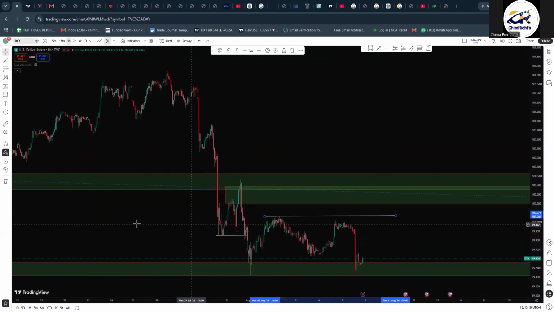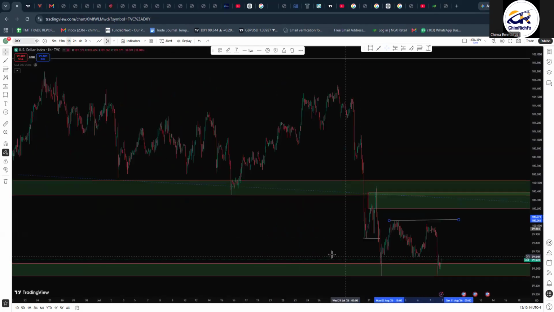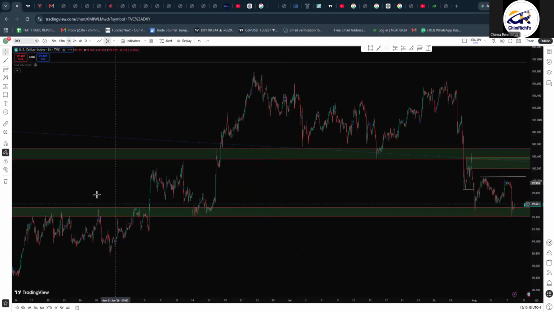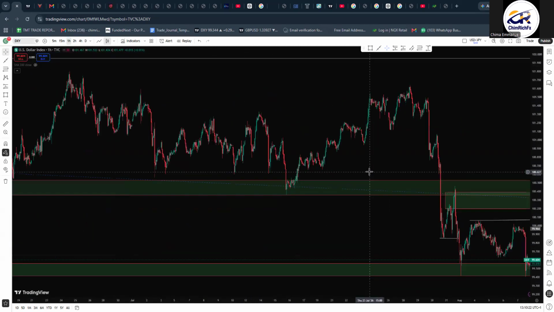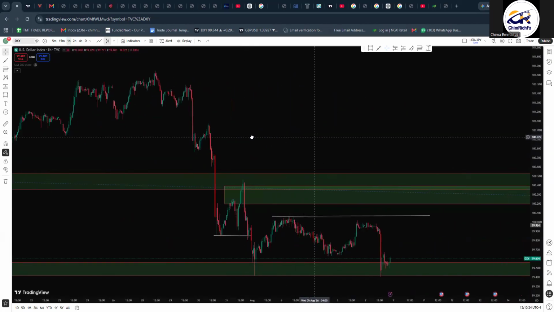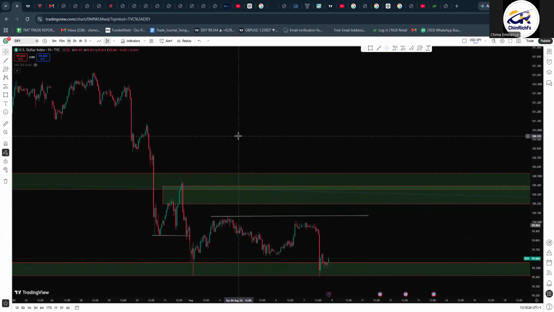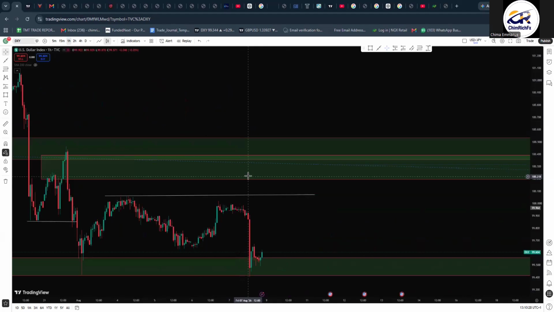But the overall thing we are considering at this point is that price is currently on a support level, and we need to consider this because price has rejected here several times, and this is a very strong decision point. For me, I'll just hold on to see what is going to play out.